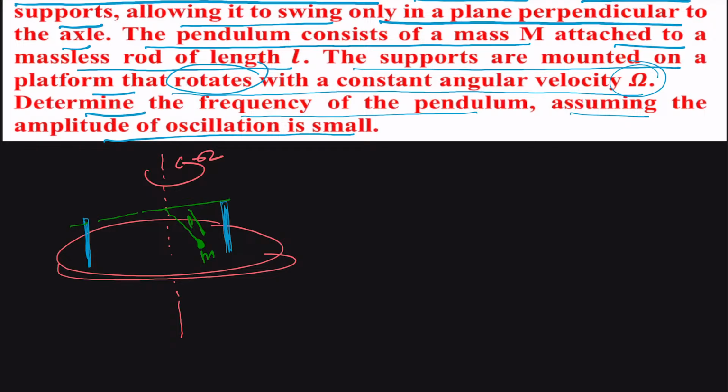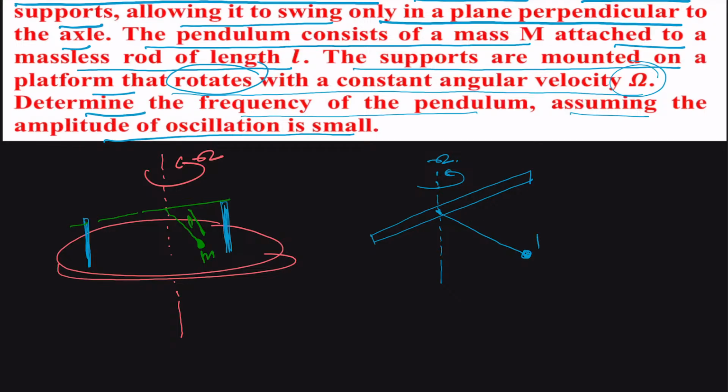So this is our basic figure, and for the sake of convenience we are only going to draw the rod as well as the pendulum, because the rest doesn't matter. So this is the rod, and we have the axis of rotation, and this is our omega, and this is our pendulum.